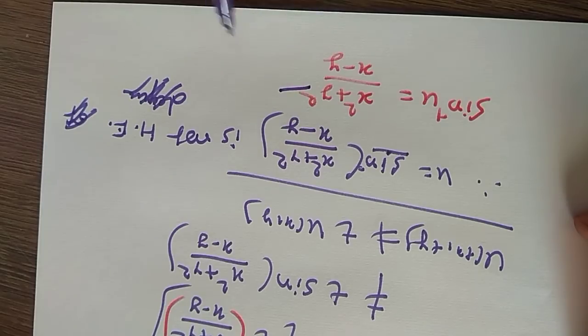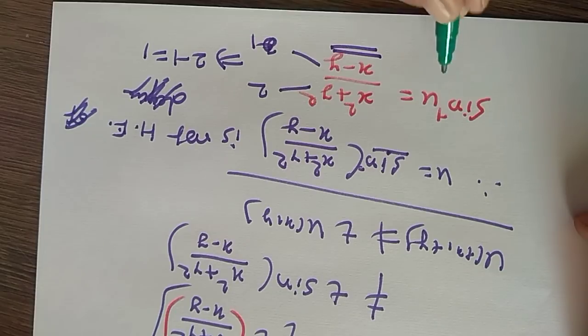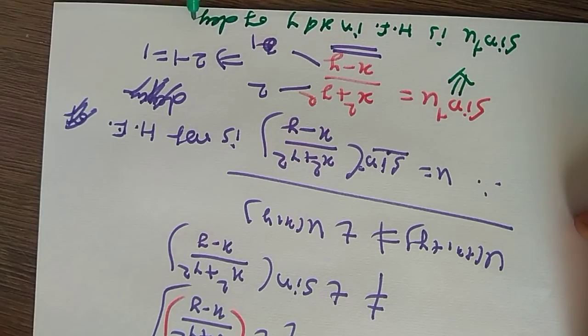Now this is homogeneous: numerator is homogeneous of degree 2, denominator is homogeneous of degree 1. Therefore total is 2 minus 1 is equal to 1. This total function is homogeneous of degree 1. So I will say that sine inverse of u is a homogeneous function in x and y of degree n is equal to 1.